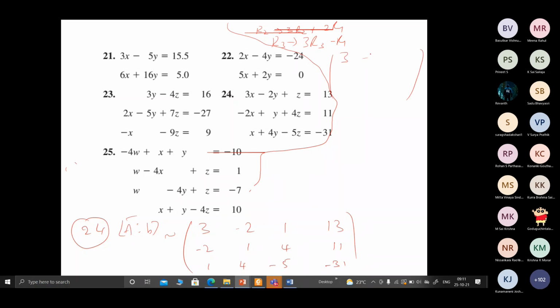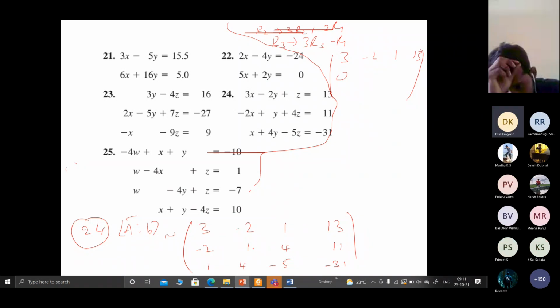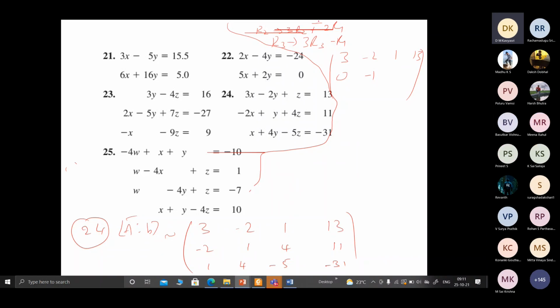So 3, minus 2, 1, 13. Next, this is anyway 0. No problem. Next, what is this? 3 plus 4, 3 minus 4, minus 1, right? This is plus. Okay, 3 minus 4, minus 1.